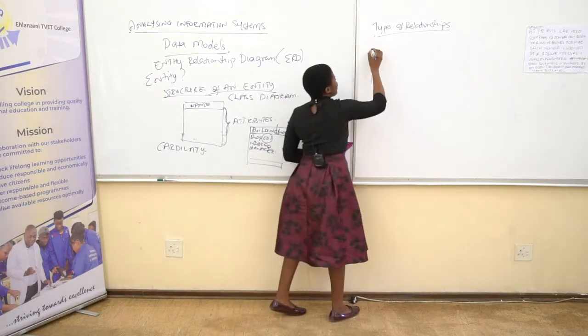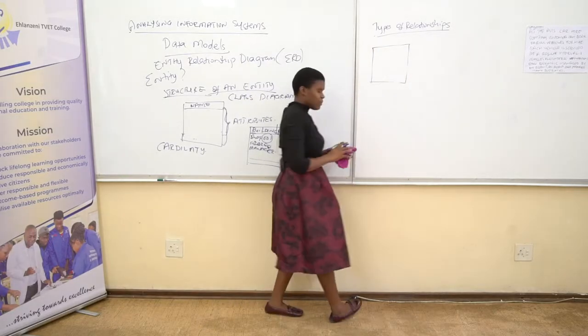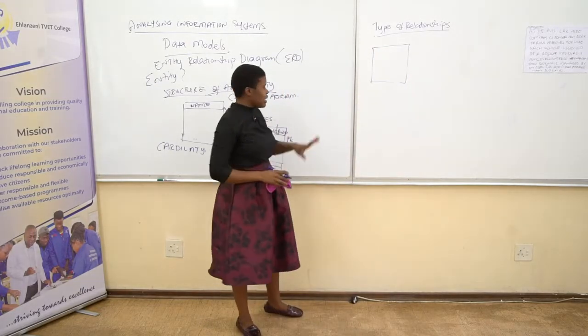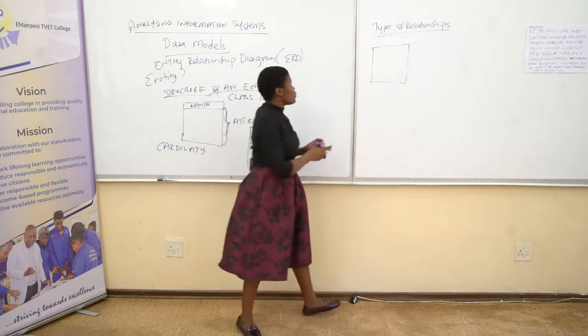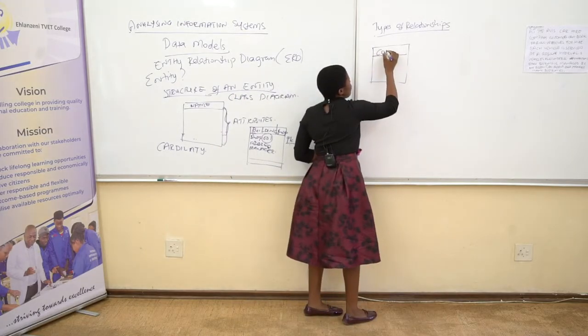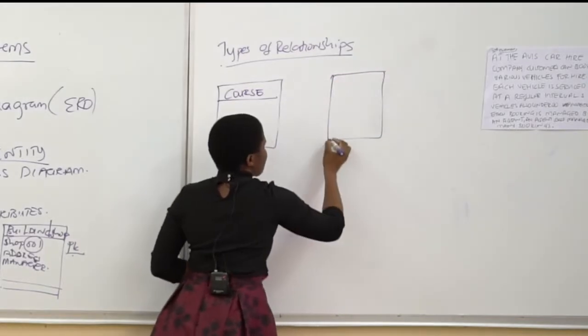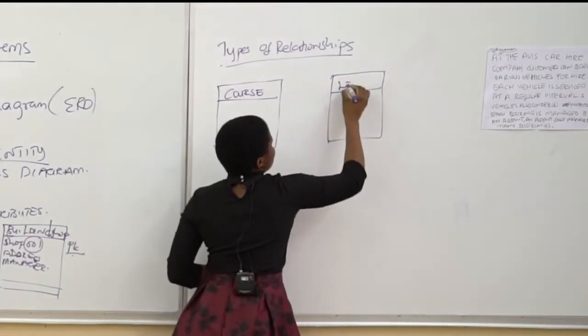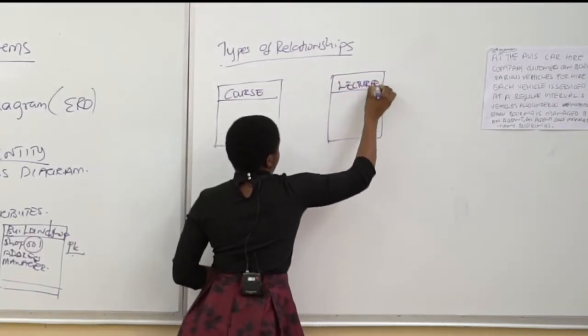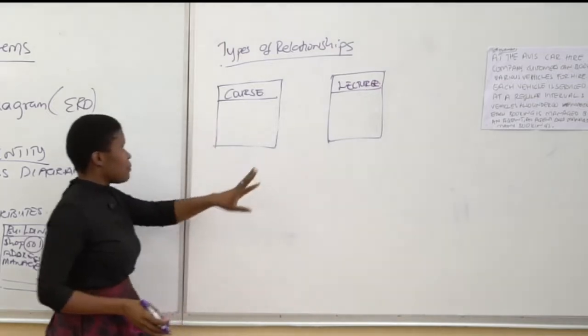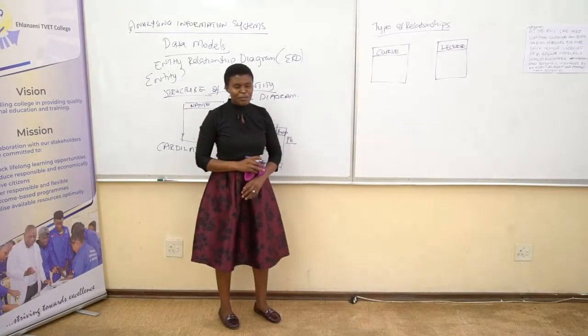So if you're going to take an example of an entity, from now on I'm going to use structure instead of words. Take an entity called course and another entity, which is going to be a lecturer. So this is a person, this one is just a course.